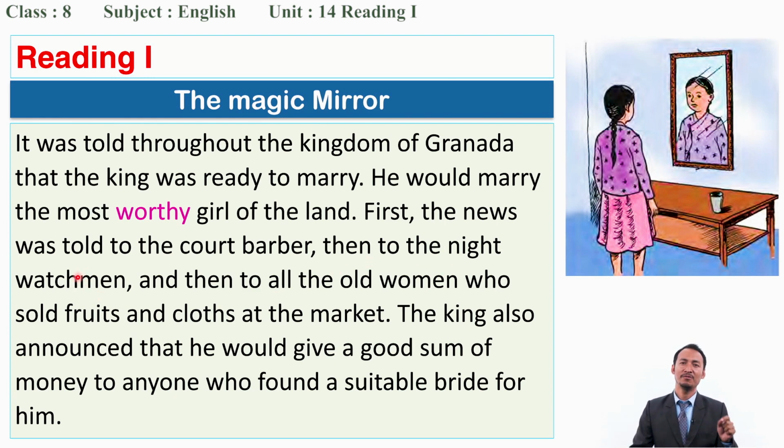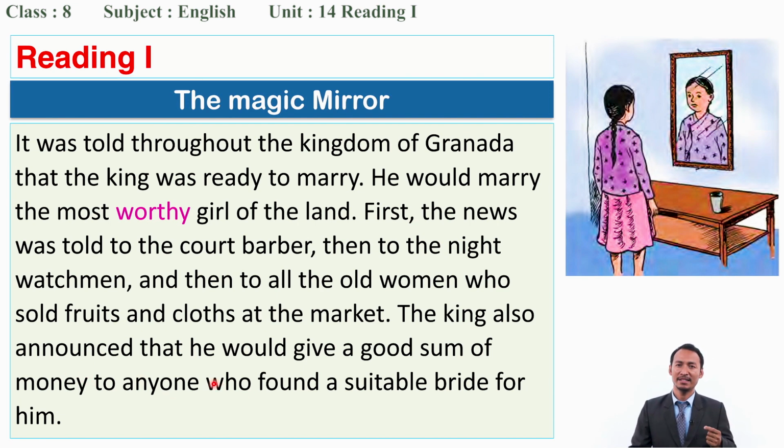त्यसपछि night watchman लाई, and then to the old woman, त्यसपछि बुढी महिला, who sold fruits and clothes in the market. जसले चाहिँ के गर्नुहुन्थ्यो? Clothes र fruit sell गर्नुहुन्थ्यो in the market. The king also announced that he would give a good sum of money, a good amount of money.